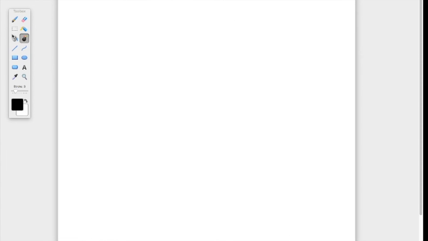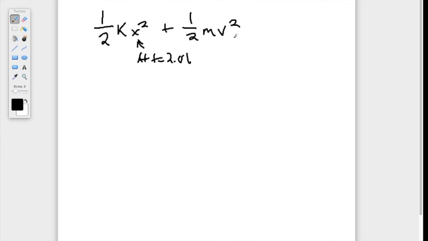So we know the position at t equals 2.01. We know that, but we need to find the velocity at 2.01. So find v. Well, we are given the amplitude.